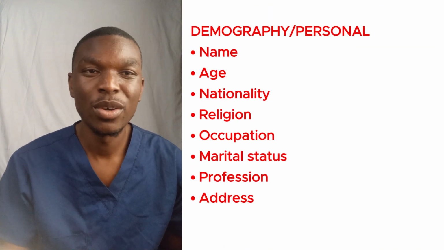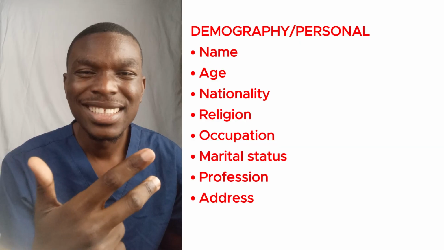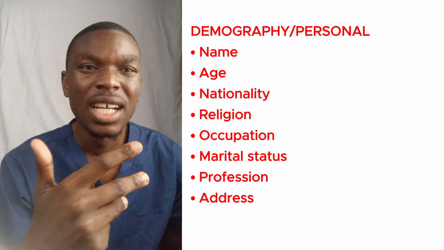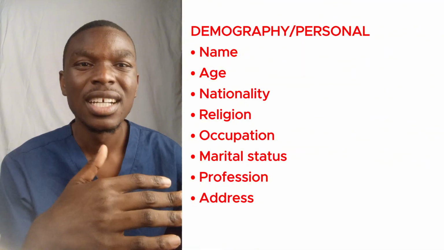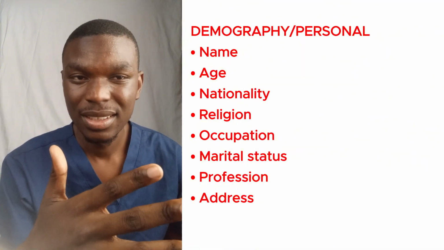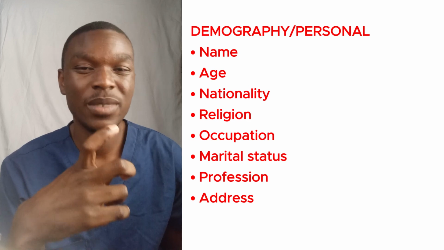Okay, so now we begin history taking. Of course, personal information, where you ask the patient's name, age, nationality, religion, occupation, marital status, then address. This information is not just for the sake of writing.